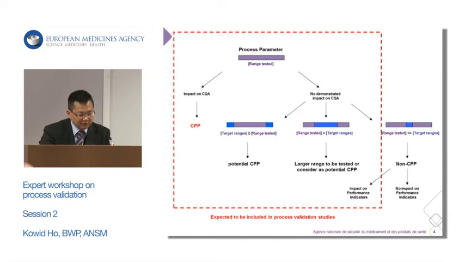Either these ranges are widened and tested to see if it has any impact on the CQA, or again, it should be considered as a potential CPP. So these two cases are very close to each other, actually. We have doubts on this criticality, then we would be on the safe side and consider it as a potential CPP.